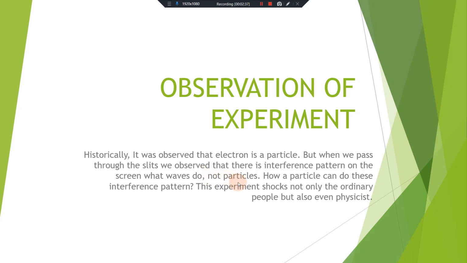But in the case of the double slit experiment, it is inverse. It is odd. How can a particle produce this interference pattern? This experiment shocks not only ordinary people but even physicists.